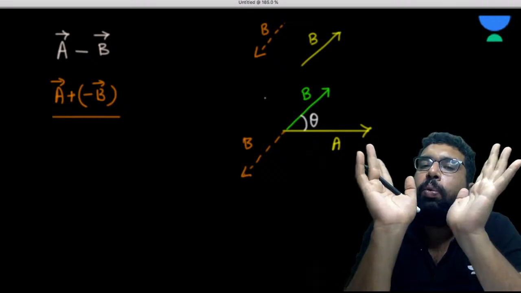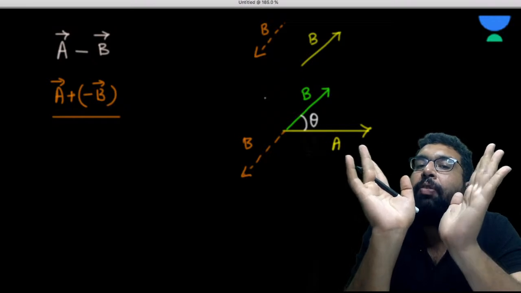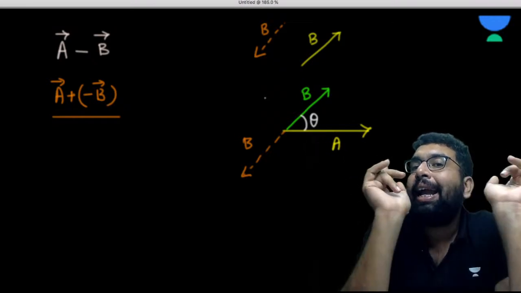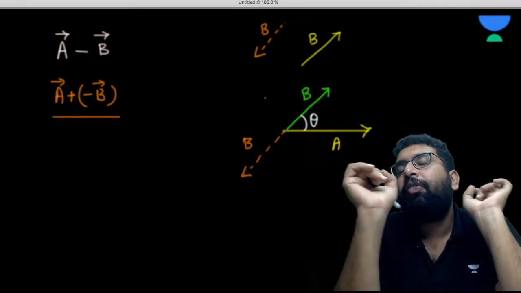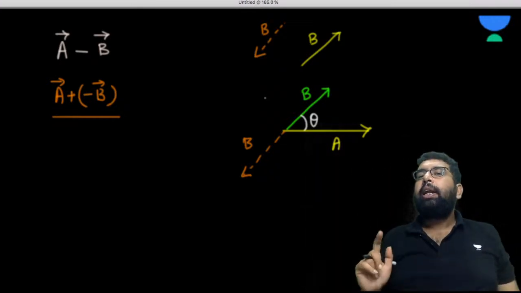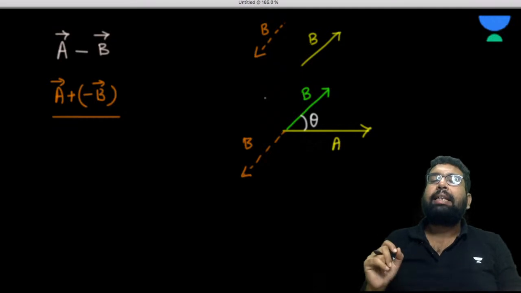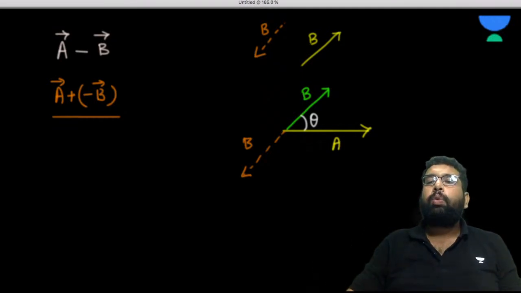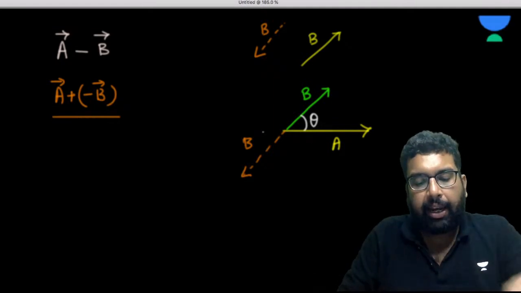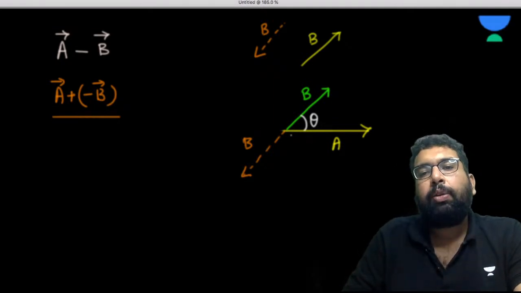Again, mind you, this theta is the angle between A and B, not A and negative of B. If the angle between A and B is theta, the angle between vector A and negative of vector B is going to be 180 minus theta.